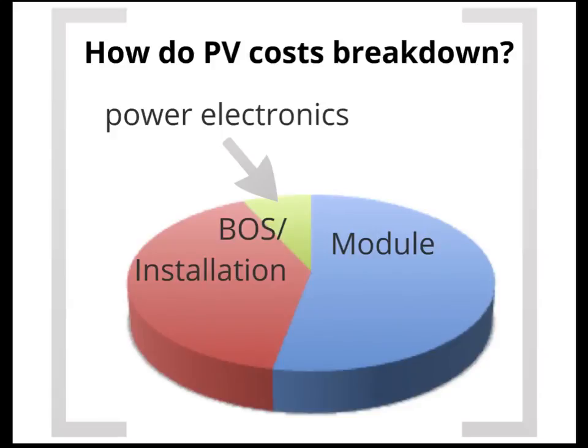As you can see, the balance of system cost is almost the same as the module cost. So this has a pretty big effect.